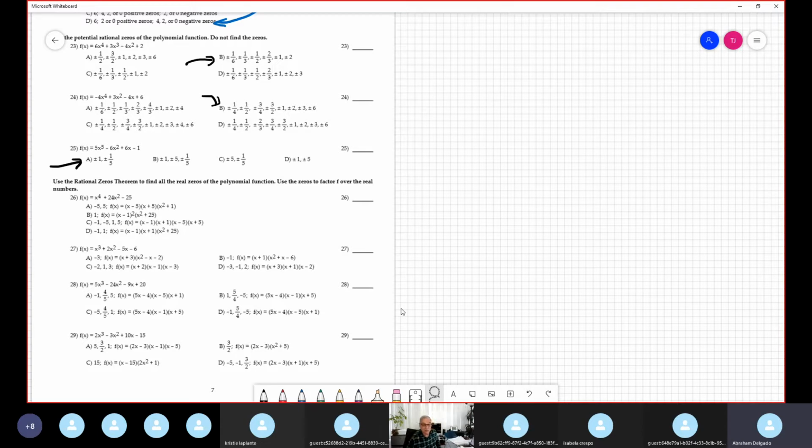Let's move on to 26. 26 is f of x equal to x to the fourth power plus 24x to the second power minus 25. In my opinion, these are the most important examples, 26, 27, 28, 30, 29. We're using a combination of the regular factorization that you know from intermediate algebra, and synthetic division if necessary, and the zero factor theorem, much better using Desmos.